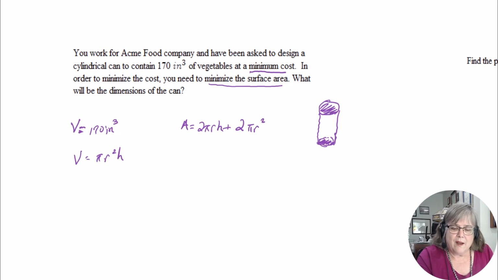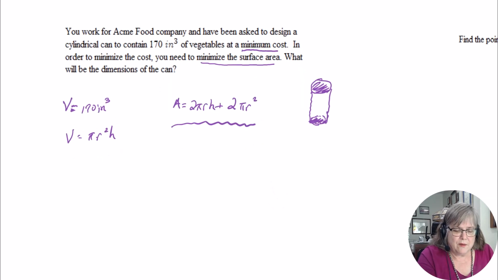Okay? Now, if you want to minimize the surface area, this is the one you're going to keep. And you're going to try to figure out how to get it in terms of one variable so you can take the derivative, right? Now, so this is 170 equals pi r squared h.